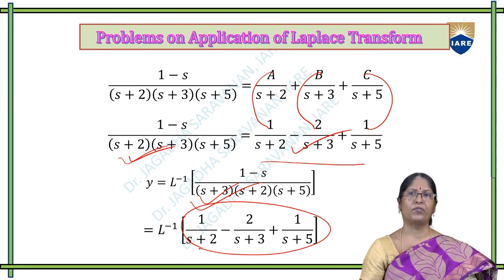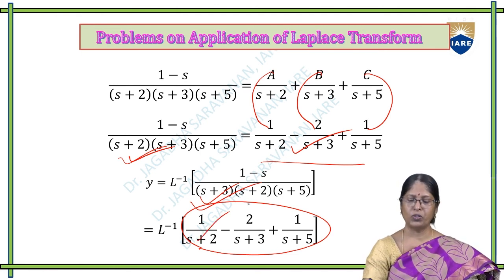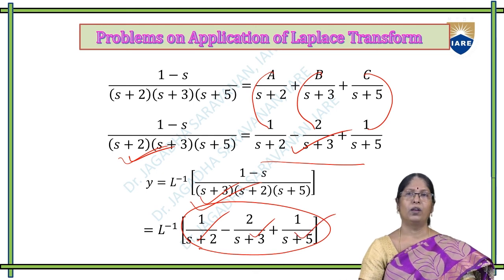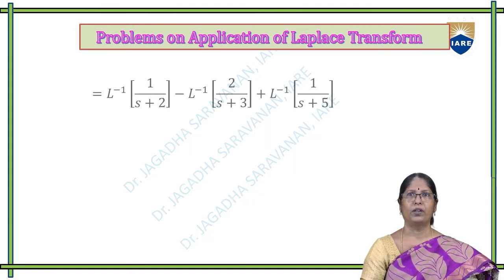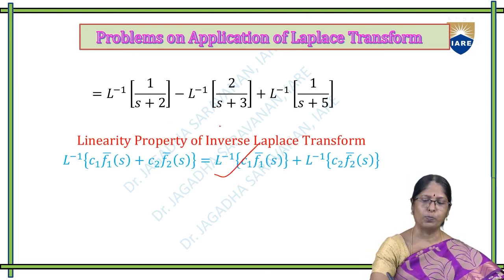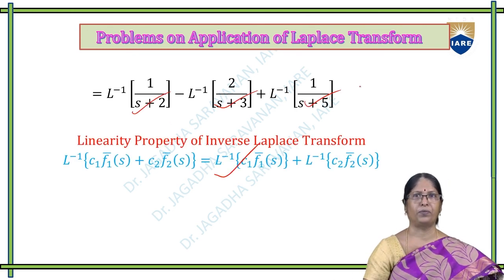So split L inverse of first term, L inverse of second term, L inverse of third term. How is it possible? It is possible only with the help of the linearity property. So using the linearity property, we split it and we wrote it.